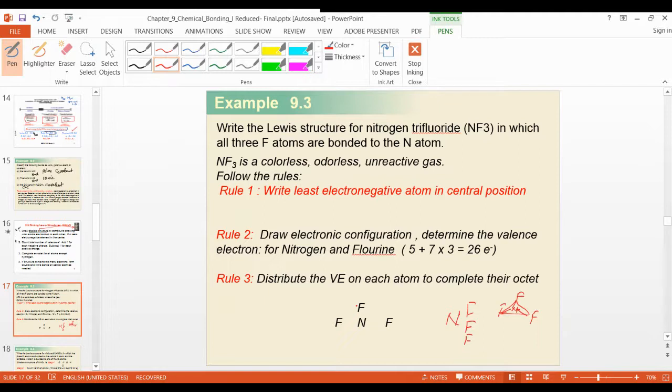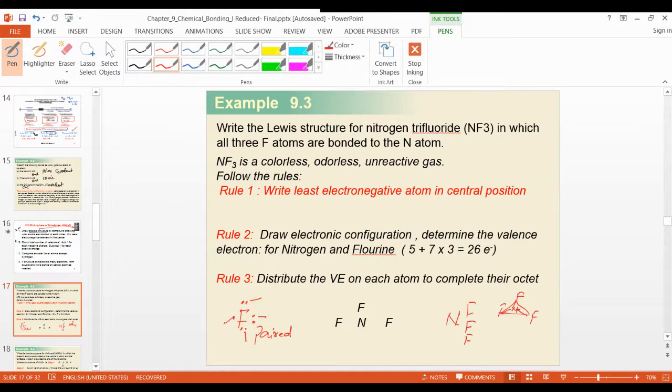Please note, according to the group you will make a bond. 7th group, only 1 electron, this is 1 unpaired electron. Again I am telling you how to write the Lewis formula: 1, 2, 3, 4, 5, 6, and then 7. These 3 pairs, this one, this one, this one, are paired. They cannot make a bond. This is already paired.